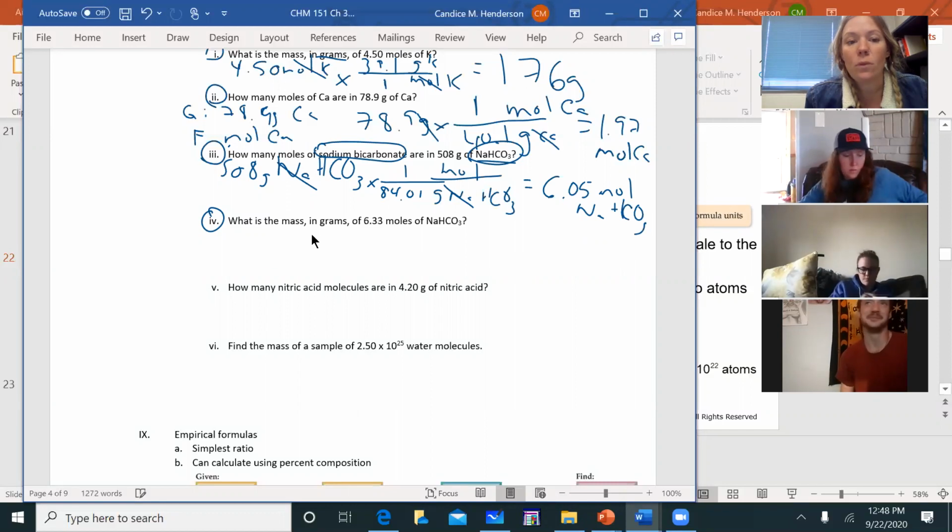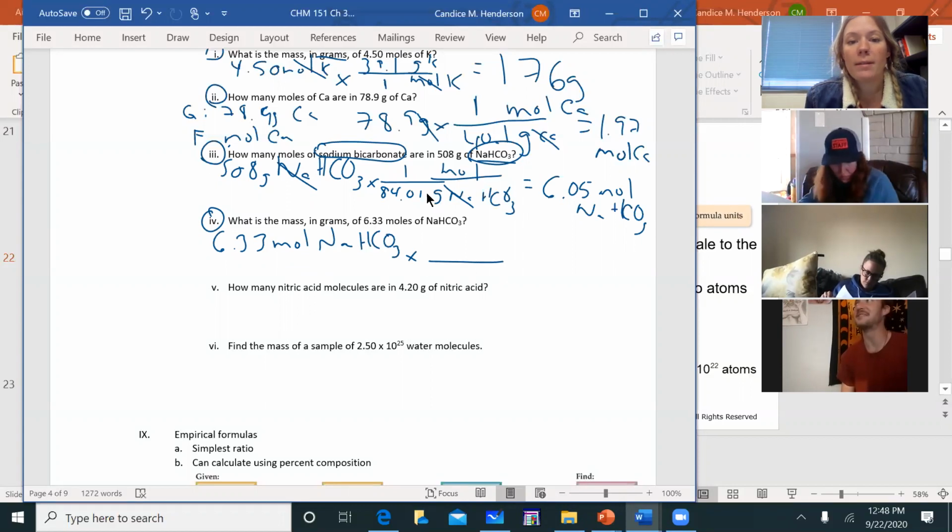If we go the other direction, 6.33 moles of the NaHCO3. Use our conversion factor, which is our molar mass. It's the same conversion factor as the previous problem. We just need to flip it, right? Because moles is on the top here, so I need to put my mole on the bottom.